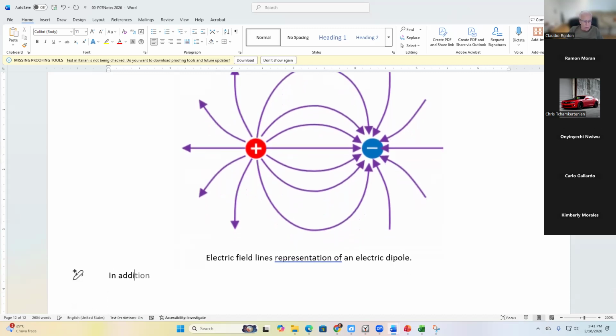In addition to point charges, we can also have the E field of a continuous charge distribution. Okay?